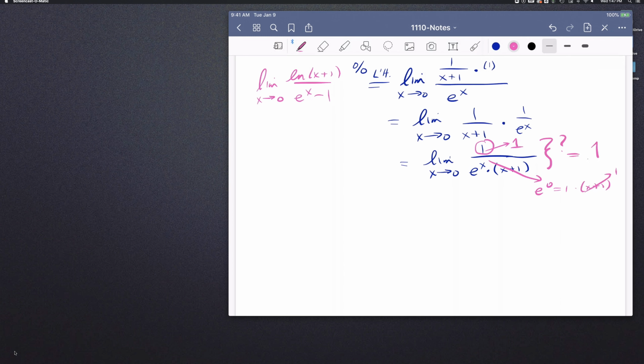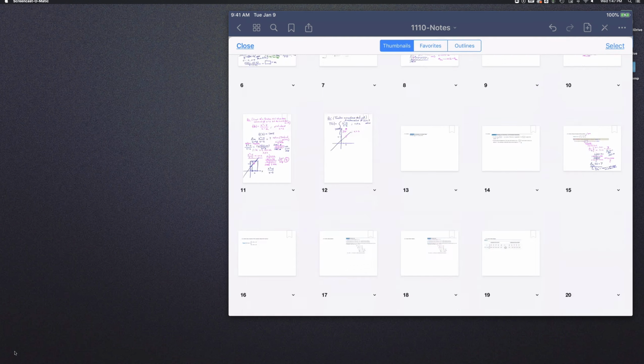So here we have our limit equal to 1. We can conclude that the limit as x goes to 0 of the logarithm of x plus 1 divided by e to the x minus 1, according to L'Hopital's rule, is just equal to 1. So that's another pretty straightforward example.